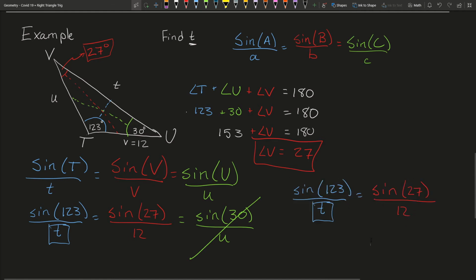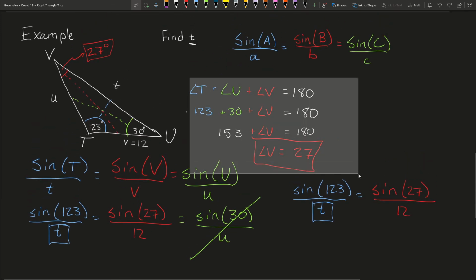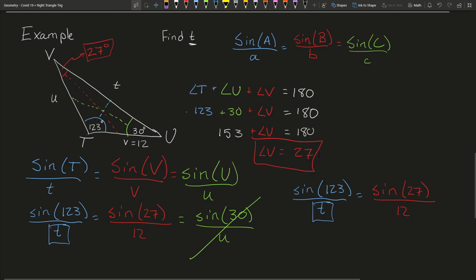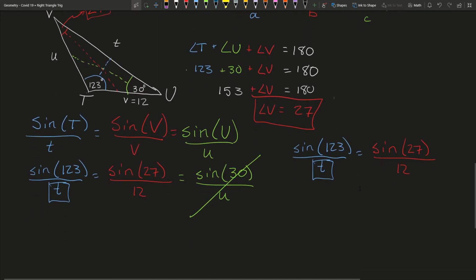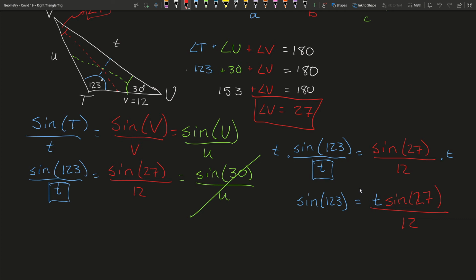And we have to solve for t. And again, this just requires a little bit of algebra. So if we multiply by t on both sides, we get sine of 123 is equal to t times sine of 27 divided by 12.